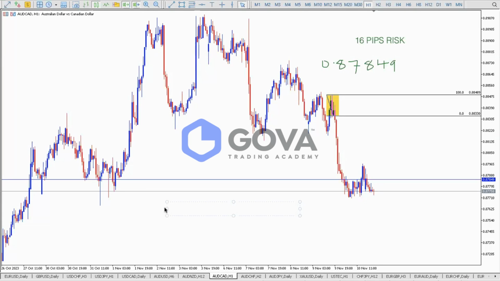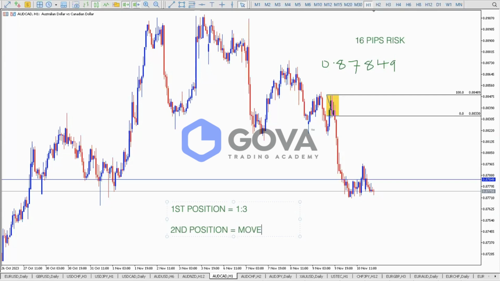So let's say, for example, your first position, you should close your trade on 1:3 on your first position. Now, on the second position, you should move your stop loss.